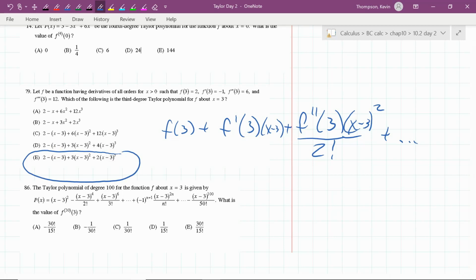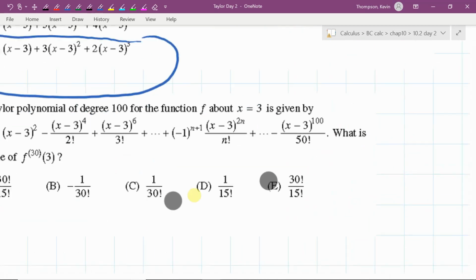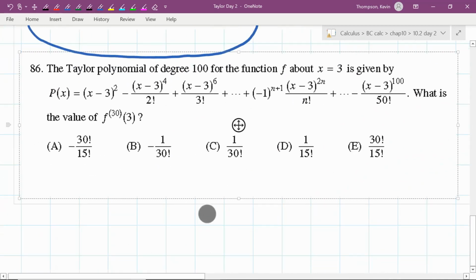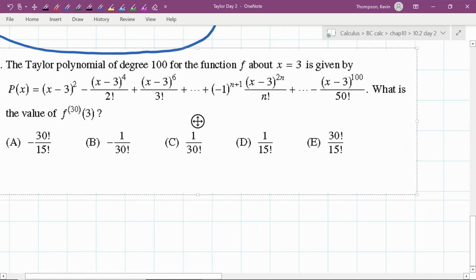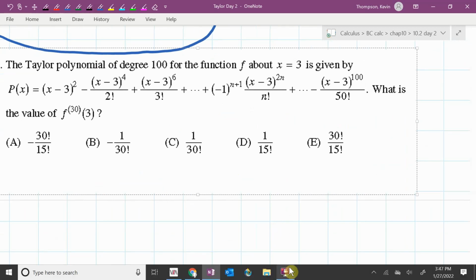Because if it's going to turn out to be one of those numbers, unless it's 6, I'll know it's the right answer. But even just looking at it, I'm going to guess it probably isn't. It's going to be one of these two, which means I just go here and find that third one and find the answer. So just an observation. That's just kind of a testing thing with the AP. So here is another question. It's a little different.